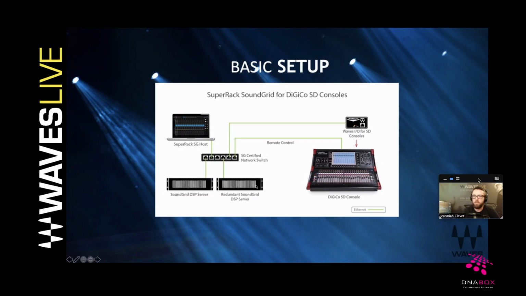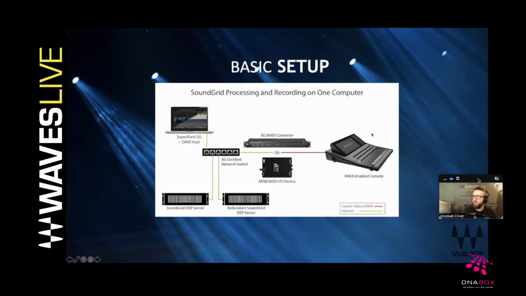So that I/O card is how we're getting audio from the console into SuperRack and back. That hits a network switch where we have a SuperRack host where we're doing all of our control, and then a SoundGrid server, and then a SoundGrid redundant server. So this is pretty common setup, would be true for most consoles. Just swap out the console and I/O card for whatever platform you're in.